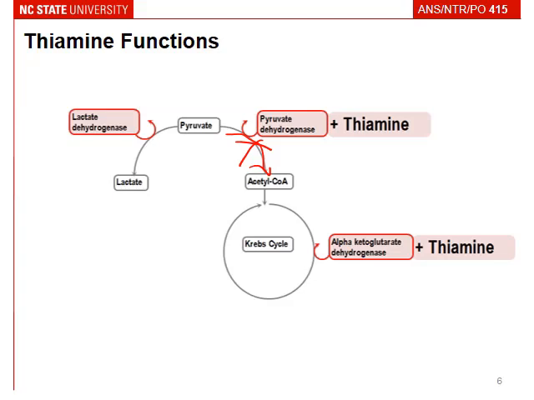If you do happen to have enough thiamine to get you to convert pyruvate to acetyl-CoA, we need it to convert our alpha-ketoglutarate to succinyl-CoA here. So it's needed for the alpha-ketoglutarate dehydrogenase. So if it happens to get in here, this is the point in time in which it's going to stop in the Krebs cycle.